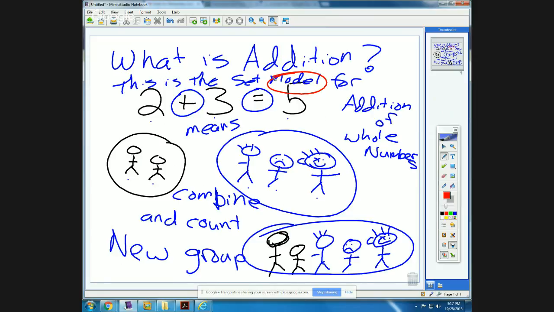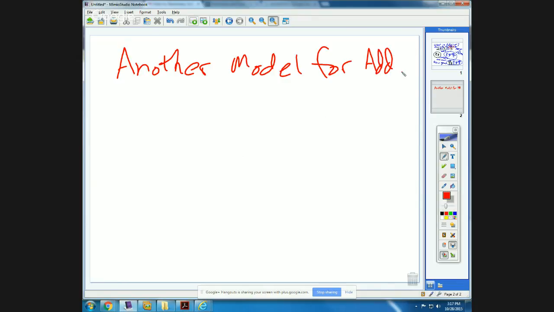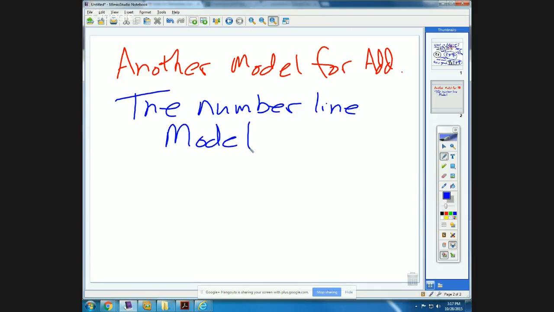The book talks about another model for addition. And they call it the number line model. And so that's where we have a number line drawn out.